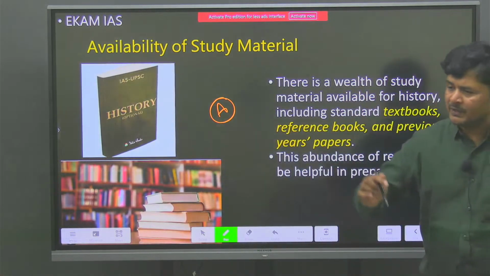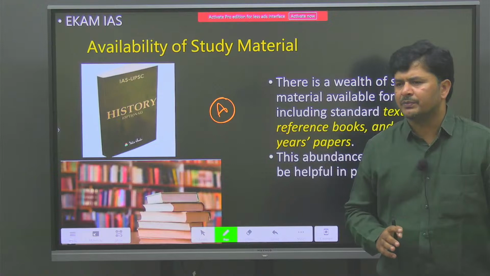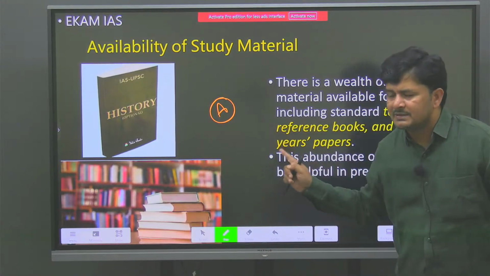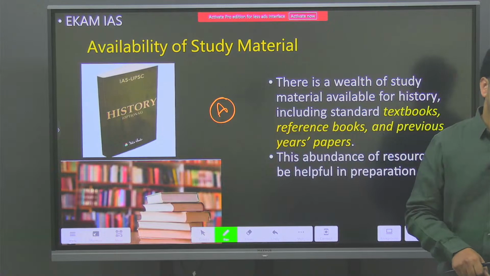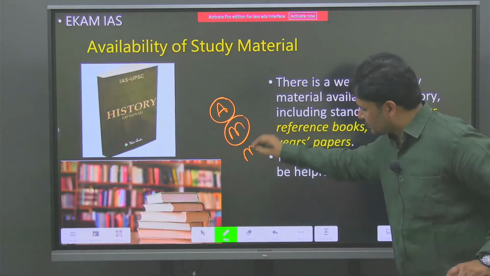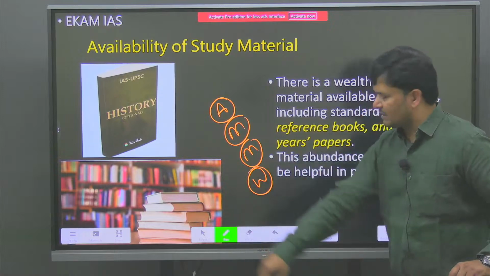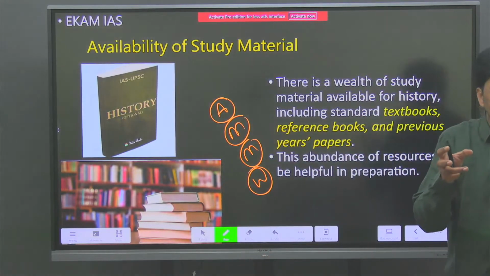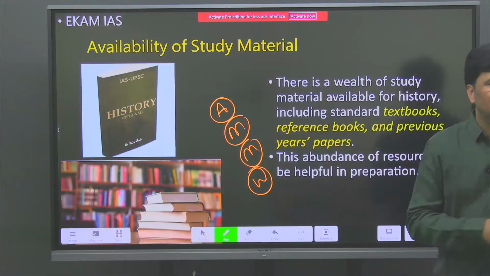I'm not instructing you to read half a dozen books. My point is, we have massive scope for books. Ancient India, we have books. Medieval India, we have books. Modern India, we have books. And even world history has a number of books. So obviously we have to take selected books and read them.